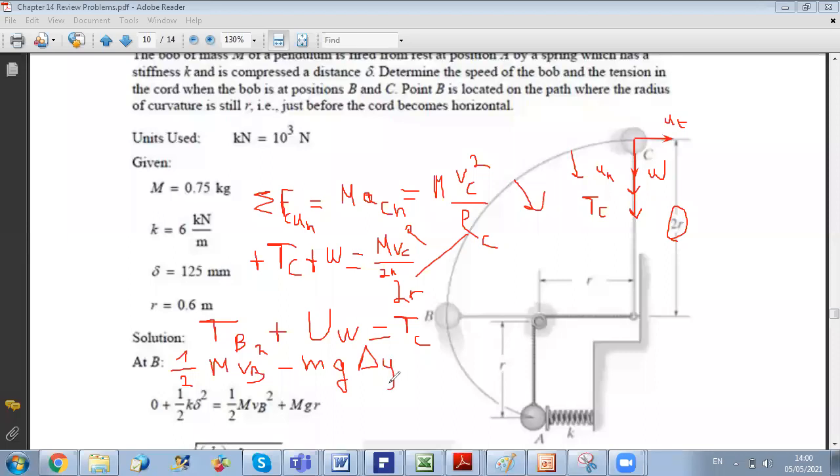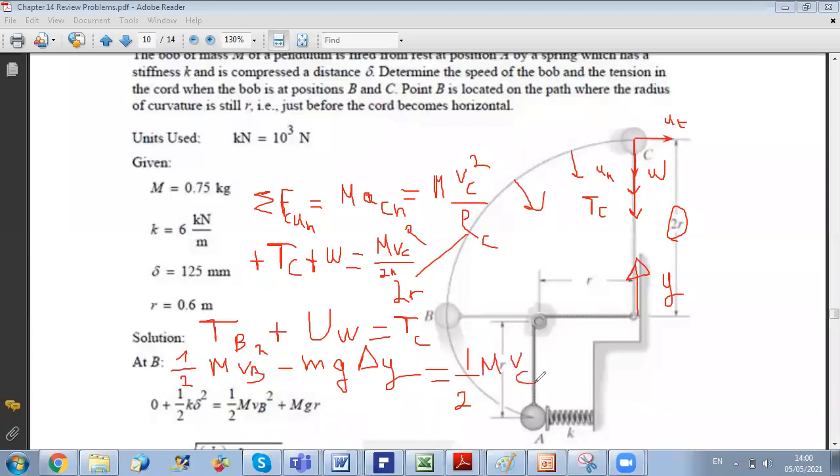So if I take this as the y-axis, positive upward, then the work of the weight will be minus mg delta y, equals the final kinetic energy at C, which is half m times VC squared.